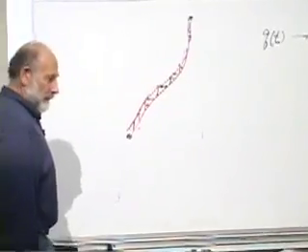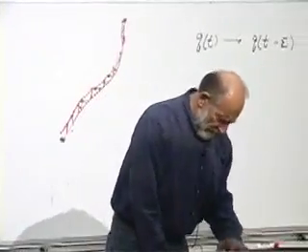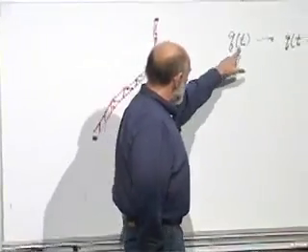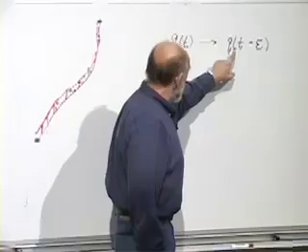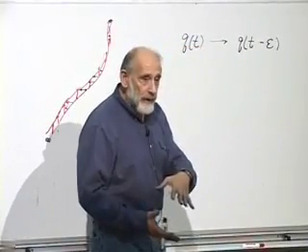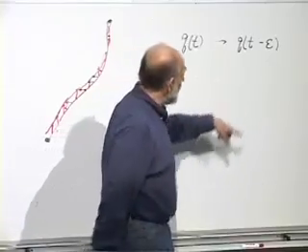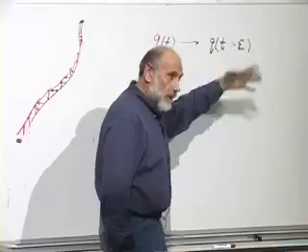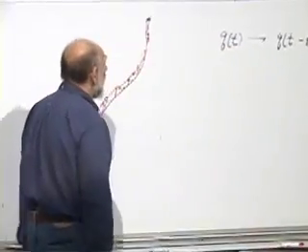We'll see why in a minute. So whatever the trajectory was, q of t, plug in t minus epsilon instead of t, and that's a new trajectory which is displaced in time by amount epsilon. If you doubt the sign here, we'll see why it is, as I said, in a moment.